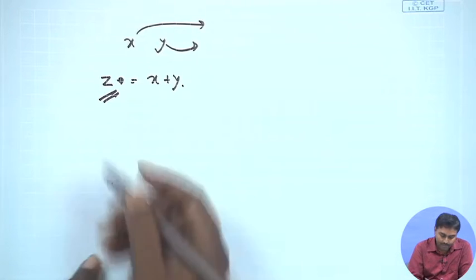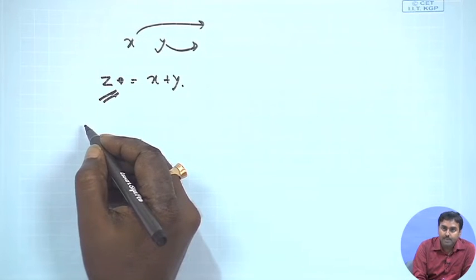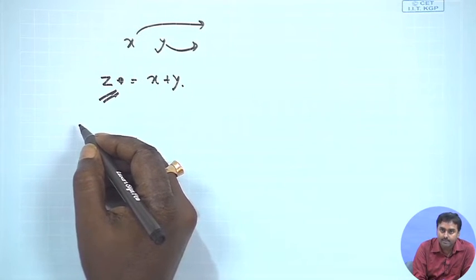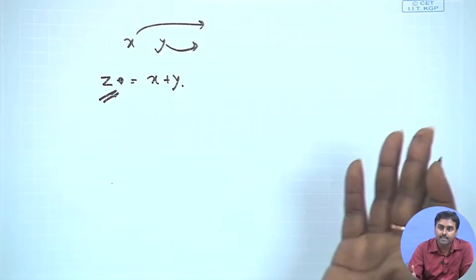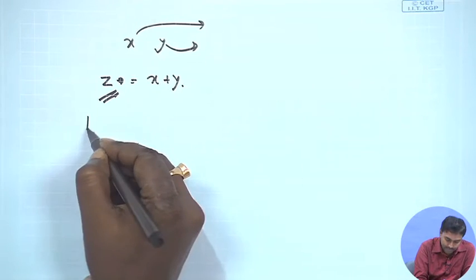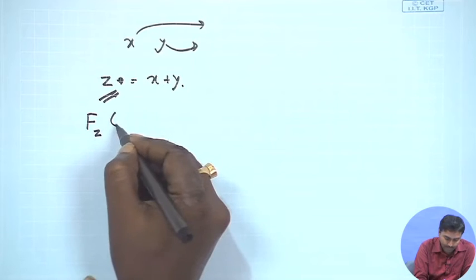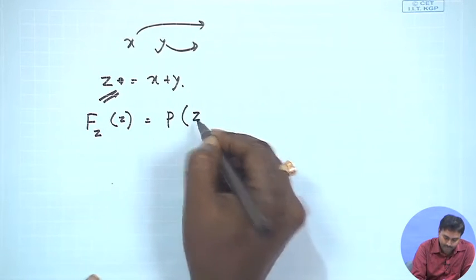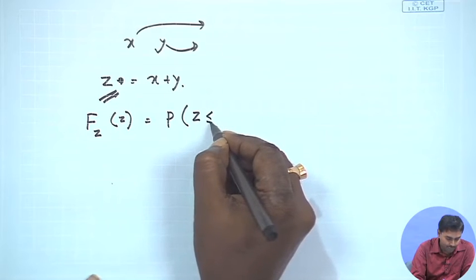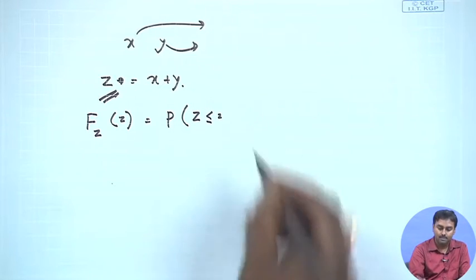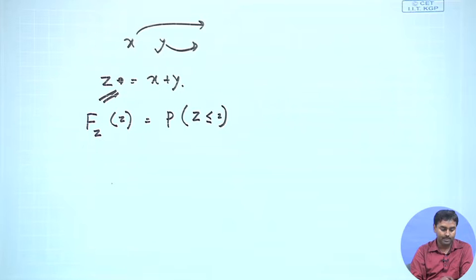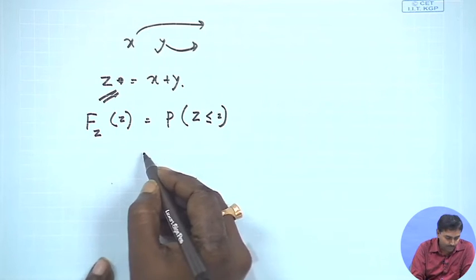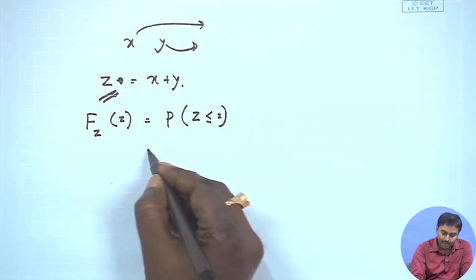PDF generally comes from CDF. We can always differentiate any CDF to get the PDF. So, let us characterize the CDF of z, which is nothing but the probability that this random variable z will be less than or equal to some defined small z.